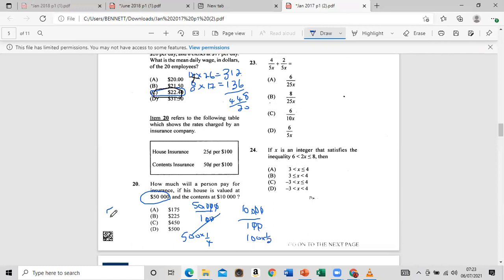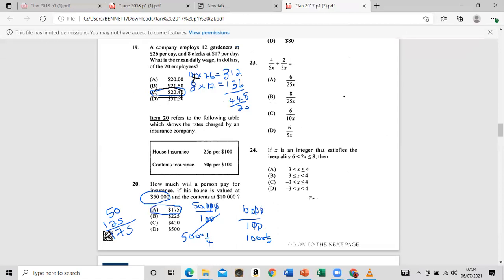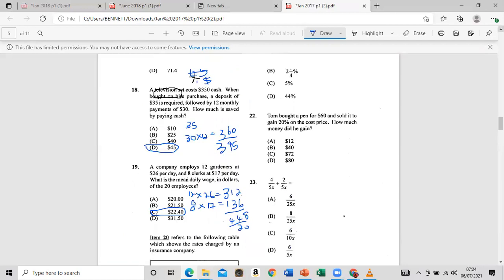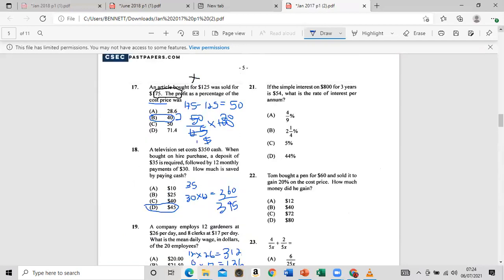So we have 50, and this works out to 125, so this is 175. Remember in the exam, you want to use the easiest, quickest, safest method.